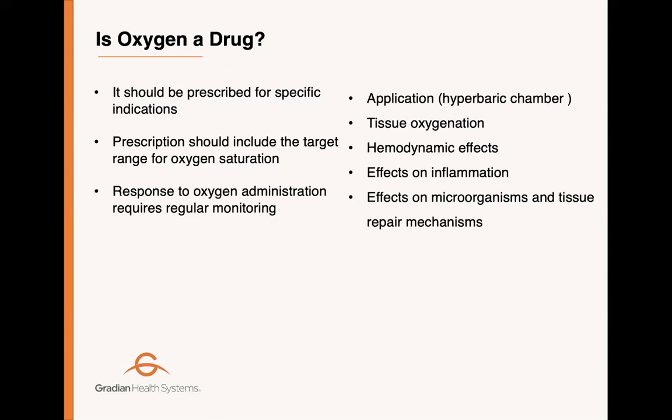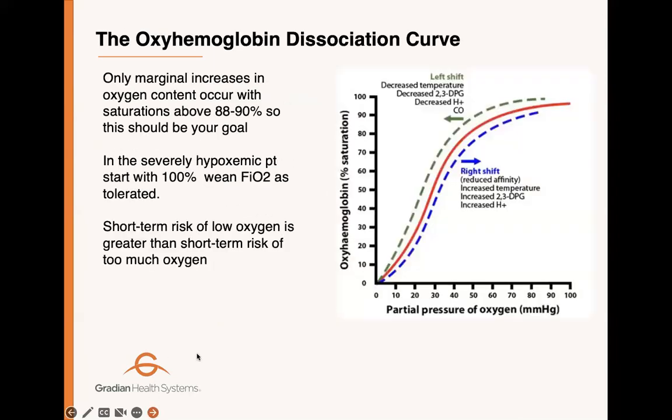Sometimes not only upping the FiO2, but you might also need to lower the FiO2 as your patient improves clinically. We should know that oxygen is important for tissue oxygenation, but also has hemodynamic effects. We should also consider the effects on inflammation, on microorganisms and on tissue repair mechanisms. We'll see this on the next slide.